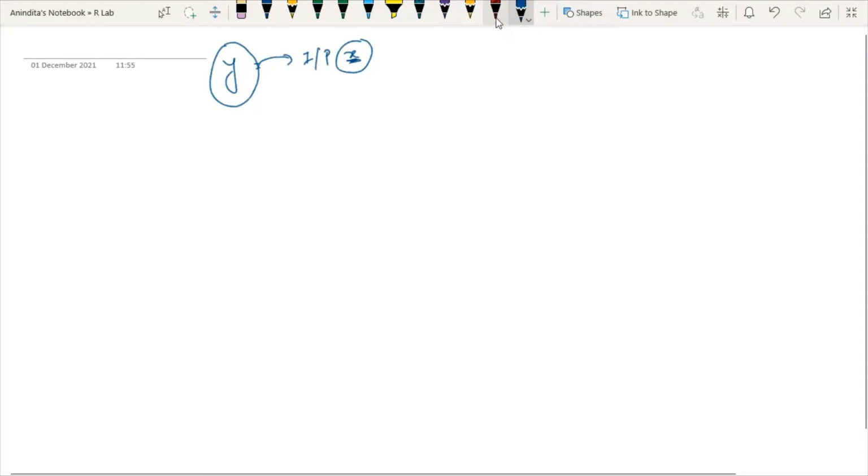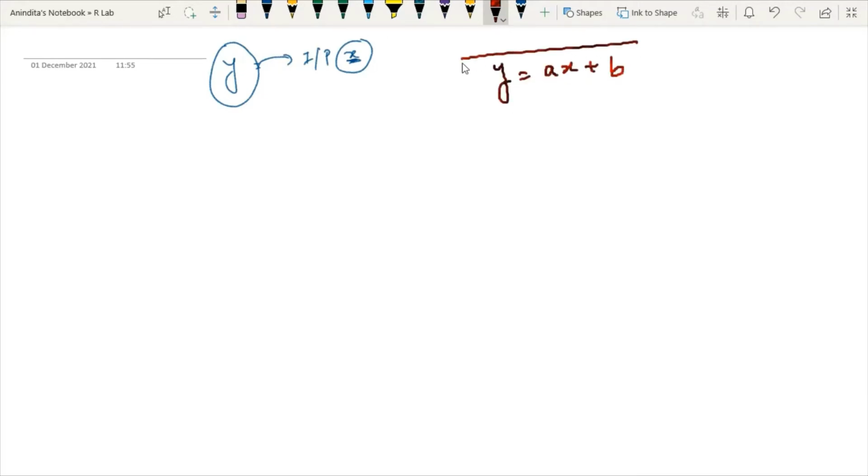Before that, I want to tell you some terms. Whenever I am talking about linear regression, we can write this kind of equation. This equation is used in linear regression. Here, y is also known as the response variable, and x is a predictor variable.